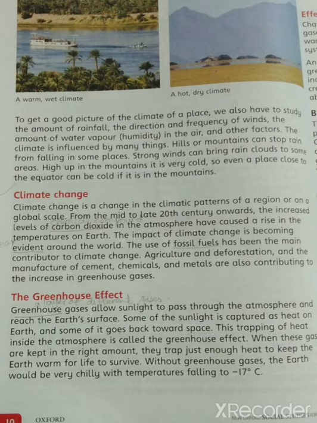Without greenhouse gases, the earth would be very chilly, with temperatures falling to minus 17 degrees centigrade. It means if the greenhouse gases are ruptured, what will happen? The earth will get cooler and cooler, and the temperature can drop as low as minus 17 degrees centigrade.